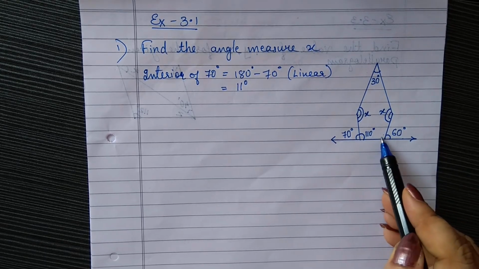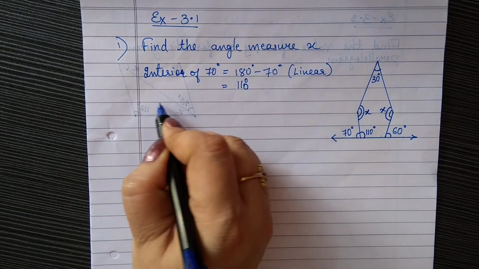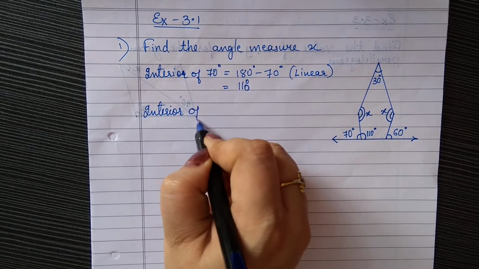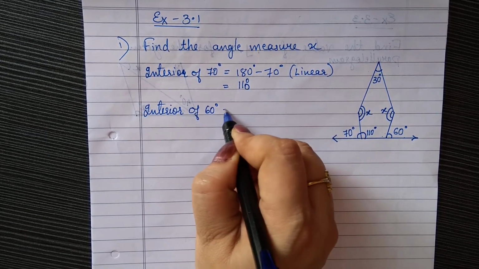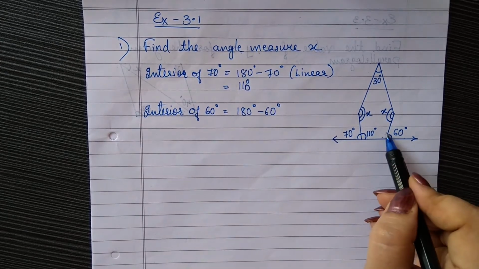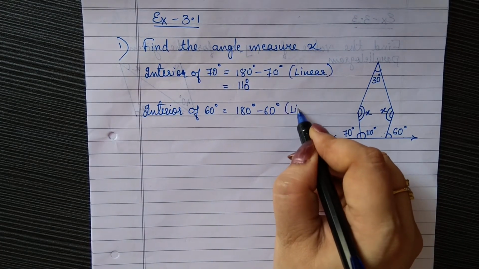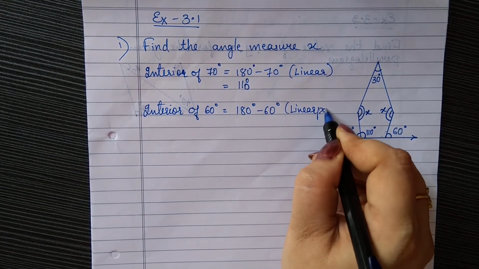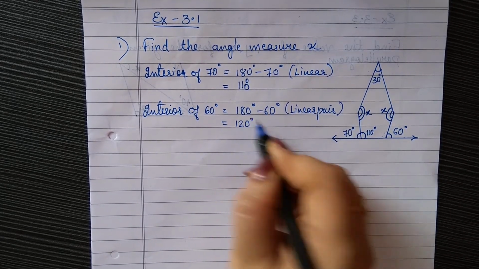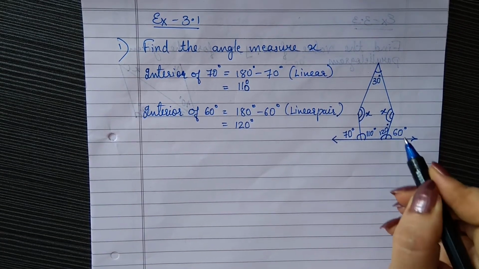Now we have to find the interior of 60-degree. That will be 180 minus 60-degree because even here it is a linear pair. So that will be 120-degree. Now we have all the 5 interior angles.